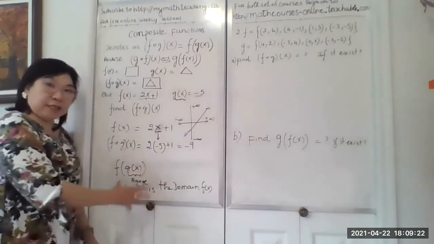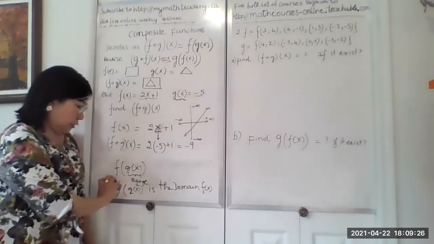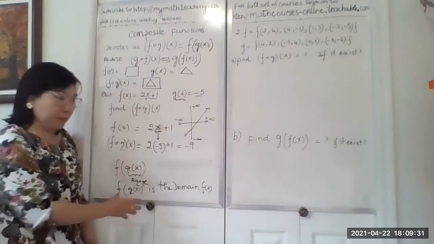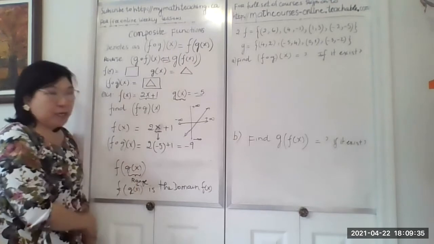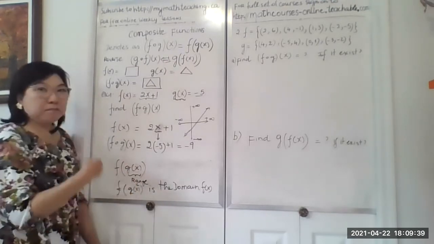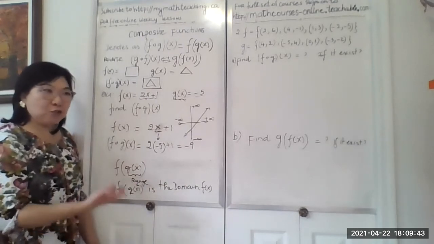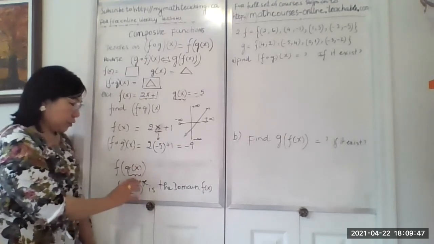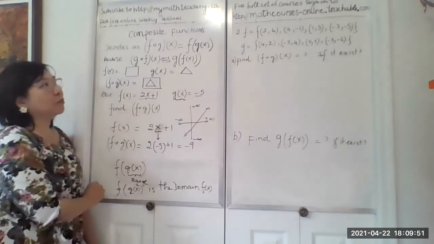And because of this condition, sometimes the function f of x is restricted by the domain of g of x or by the range of g of x. So the domain of f of x is restricted by the range of g of x.